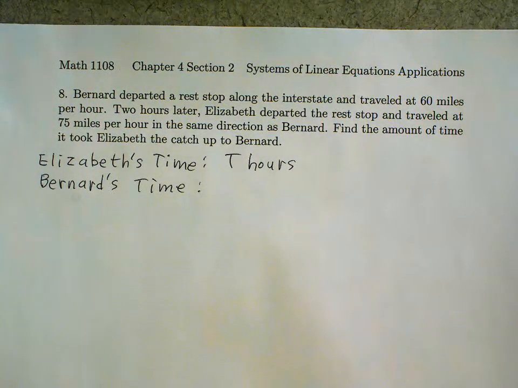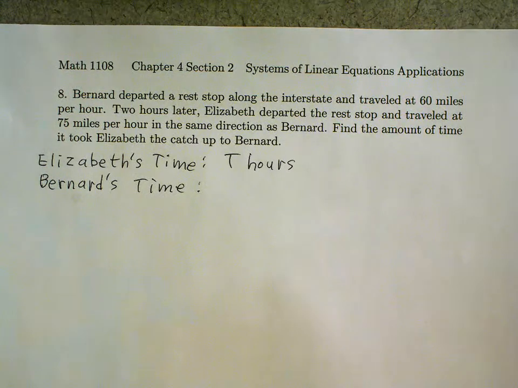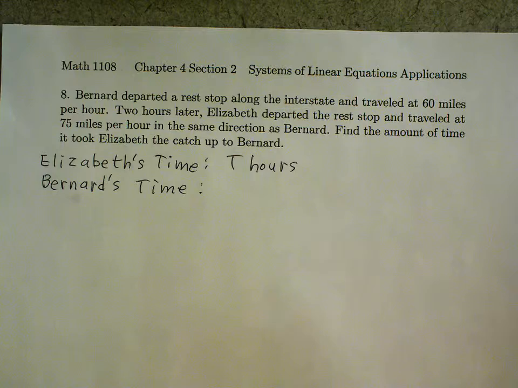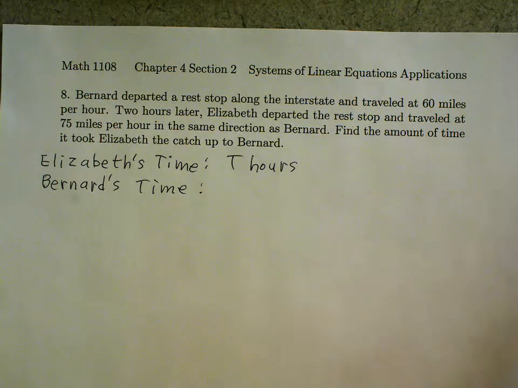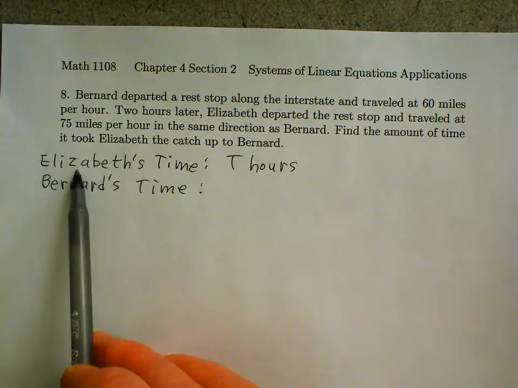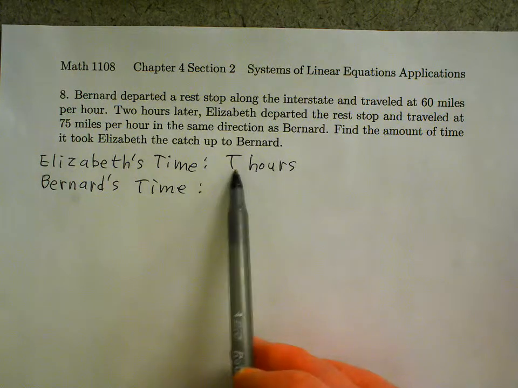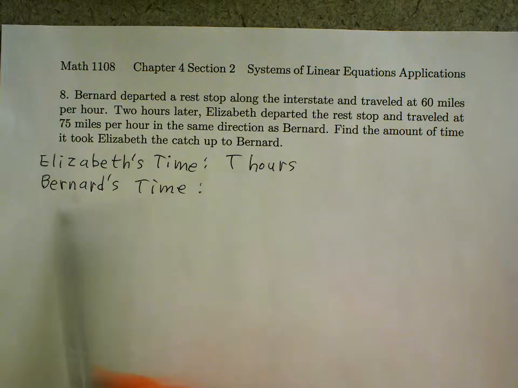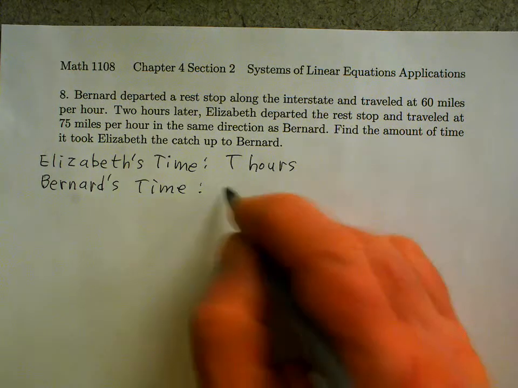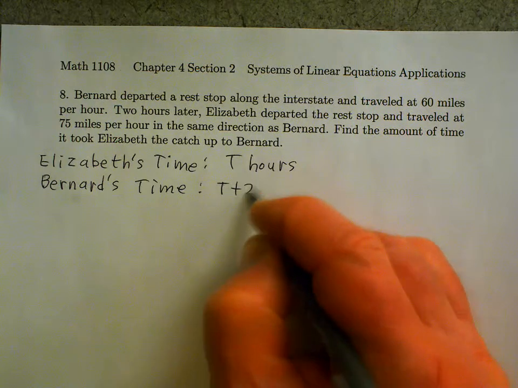Well, Bernard left that rest stop 2 hours before Elizabeth departed the rest stop. So if it took Elizabeth T hours to catch up to Bernard, then Bernard had been traveling for T plus 2 hours.